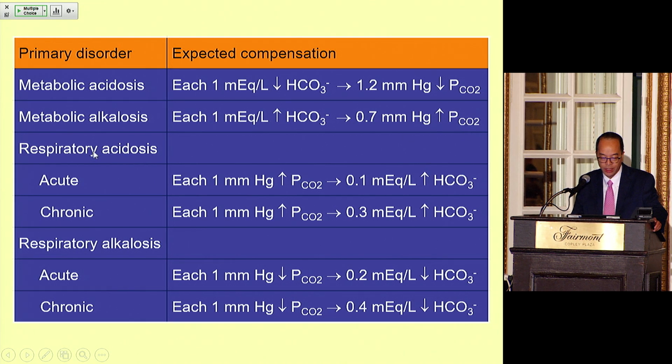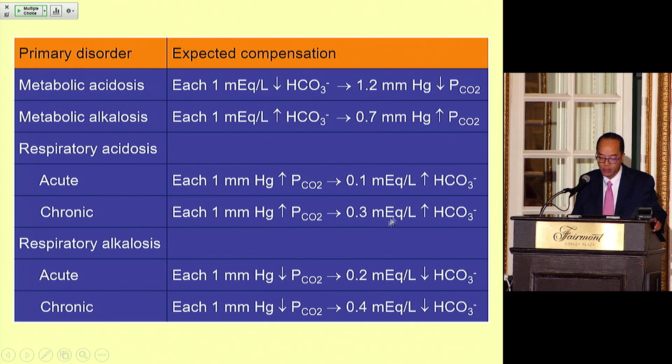And then in respiratory acidosis and alkalosis, the kidney responds by regulating how much bicarb is excreted. And here, the important thing is that in an acute respiratory disorder, the compensation is less, usually in the first 3 to 5 days, and it takes quite a few days for the kidney to adequately respond.